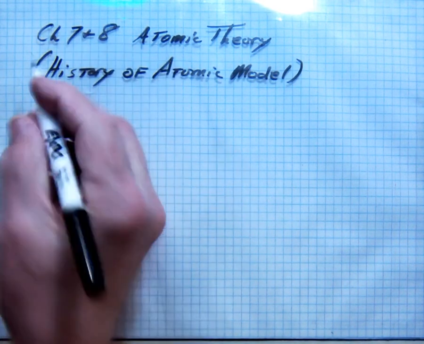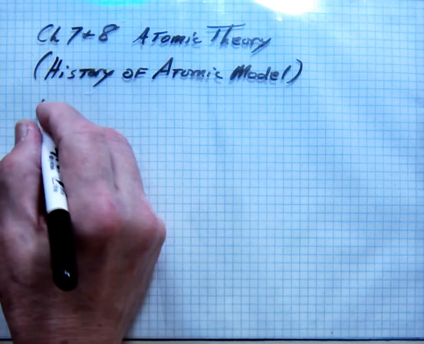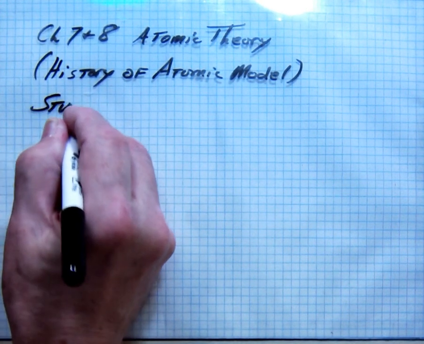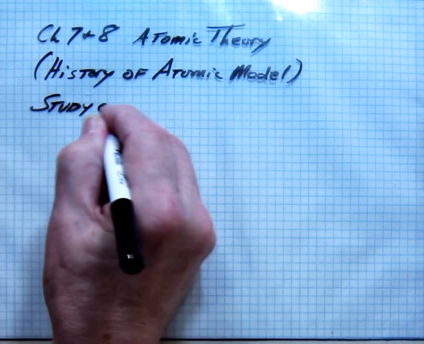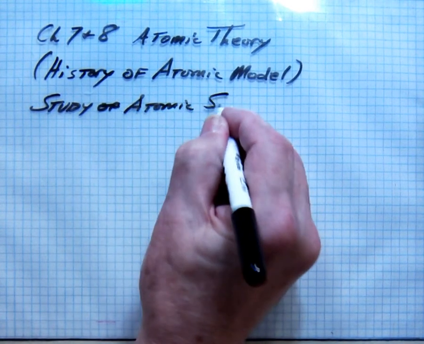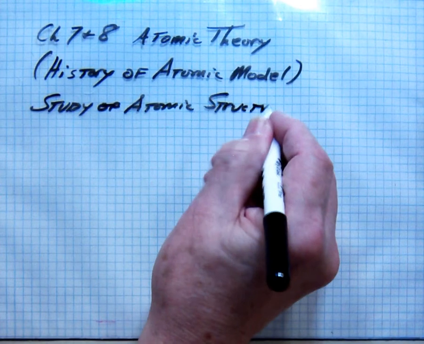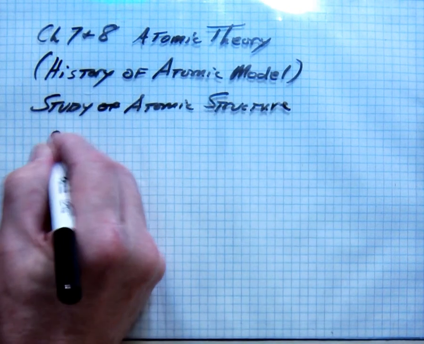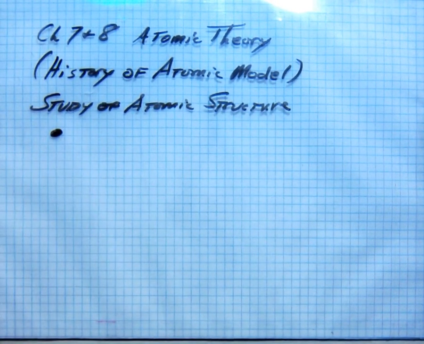Okay? So when we talk about the study of the atom, the first thing is rather obvious to all of us. We can't visually see an atom. So why do we believe in their existence?